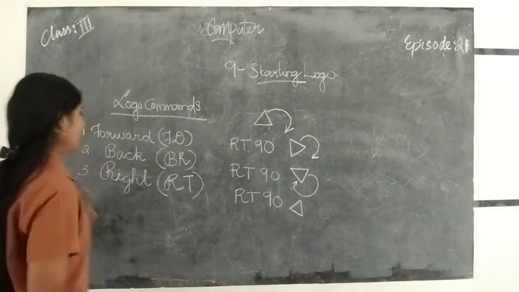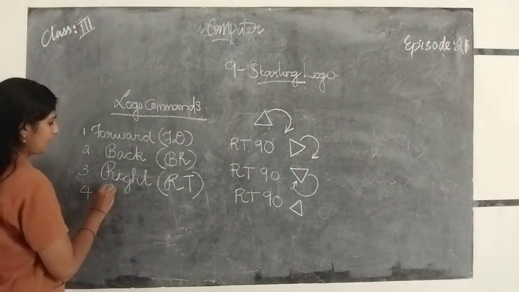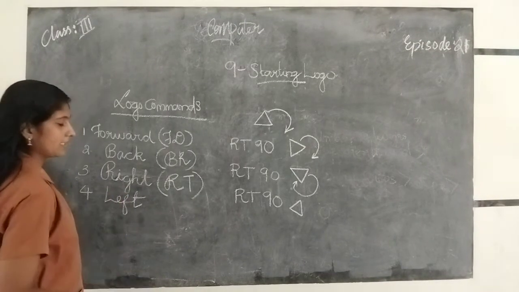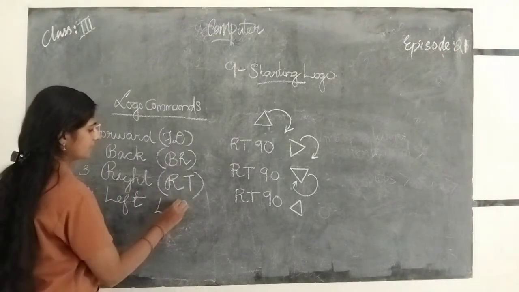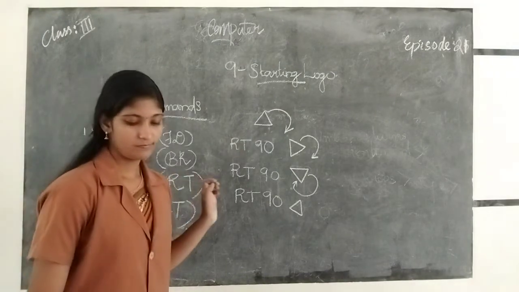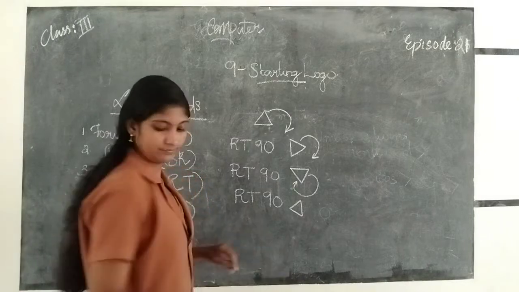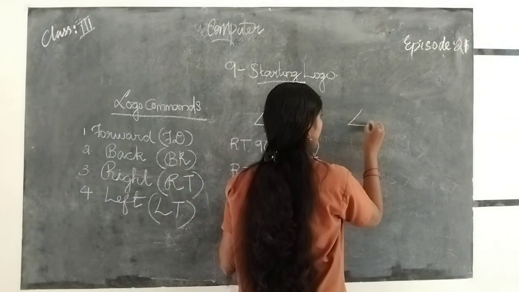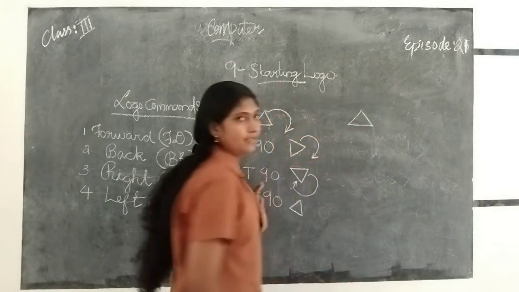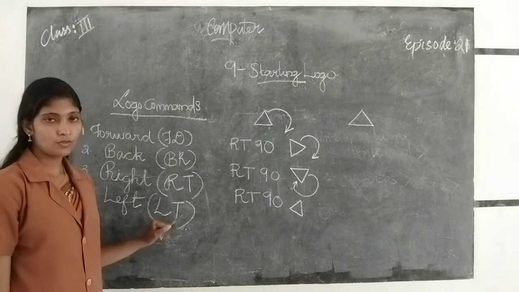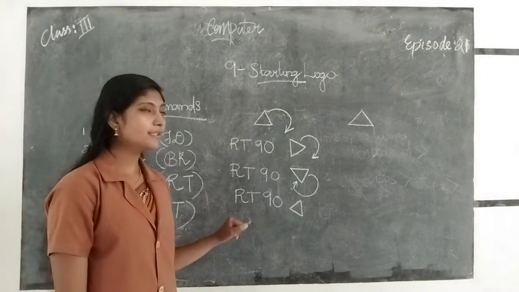Left is the fourth one, L-E-F-T, left, and the code here is LT. So look here, this is our turtle. Then the left command is used to turn the turtle.